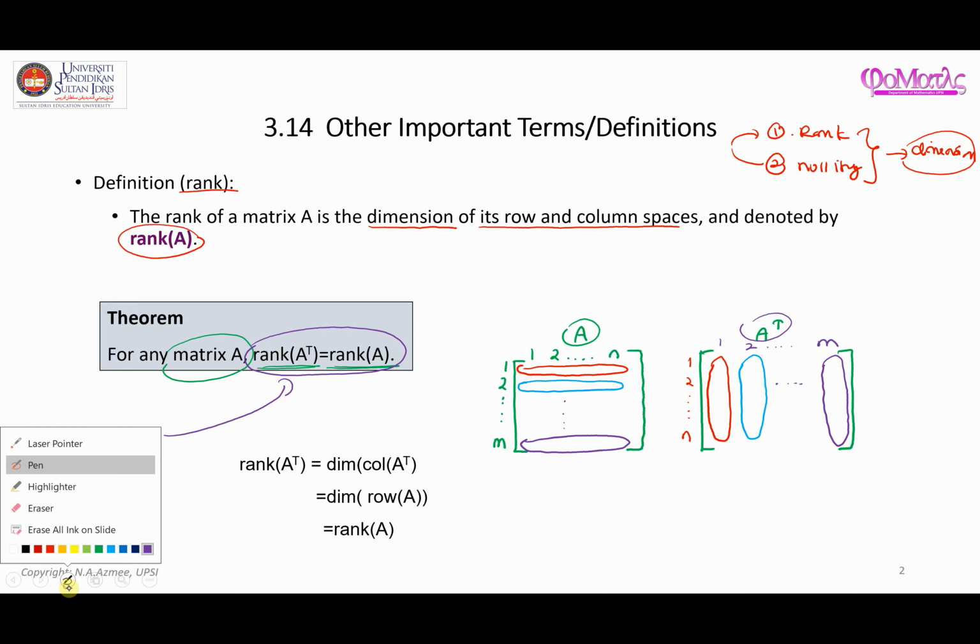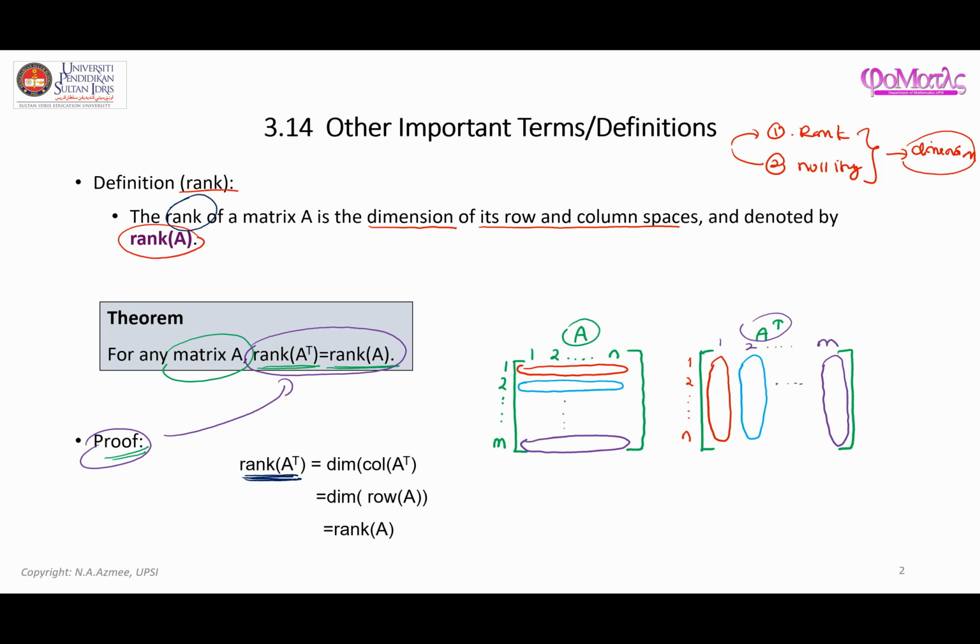So first of all, we start off the discussion with the rank of A transpose. Like I said earlier, the rank can be found when you consider either the dimension of the row or column spaces. So let's consider the rank of A transpose as the dimension of column spaces in A transpose. So where are the column spaces? Here are the column spaces.